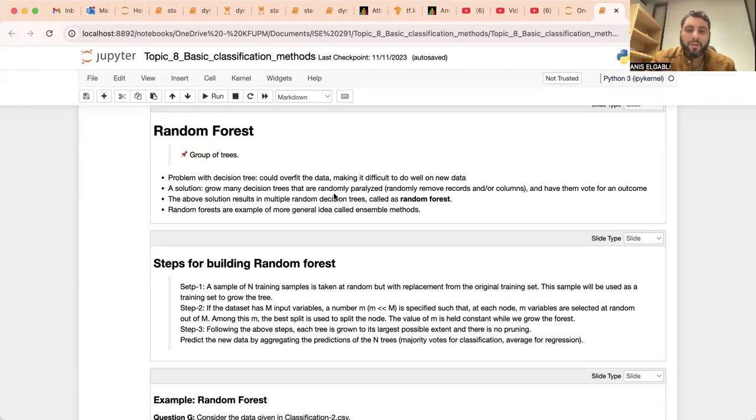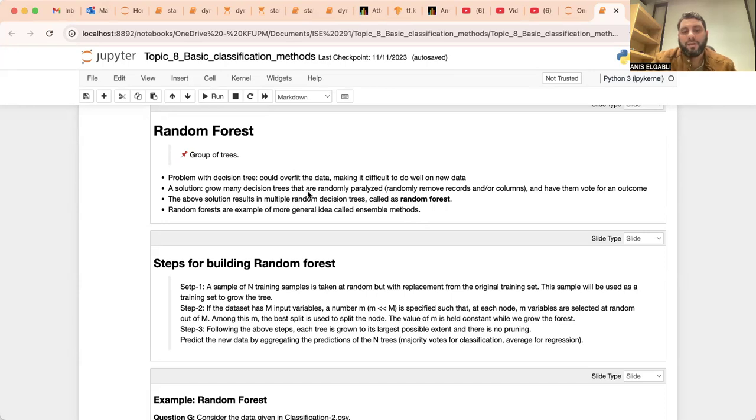Okay, so to overcome this problem, there are some algorithms that work with one tree and try to avoid overfitting by using different things such as tree pruning and early stopping. But there is a method called random forest. This method aims at minimizing overfitting by not relying on one tree.